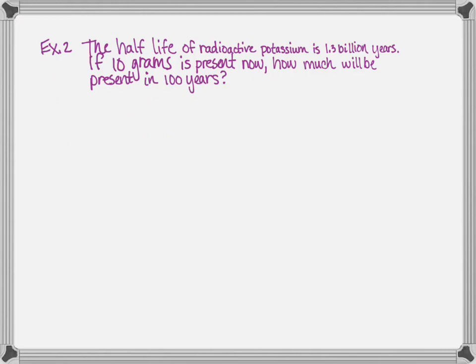So let's look at our second example. The half-life of radioactive potassium is 1.5 billion years. If 10 grams is present now, how much will be present in 100 years? So first, we need to figure out what k is. Our formula will take the form A(t) = A₀e^(kt).